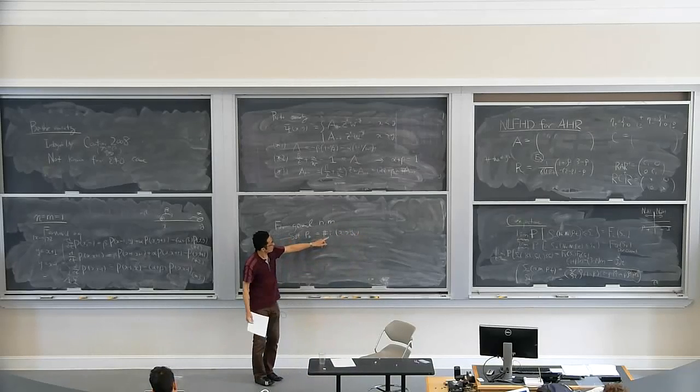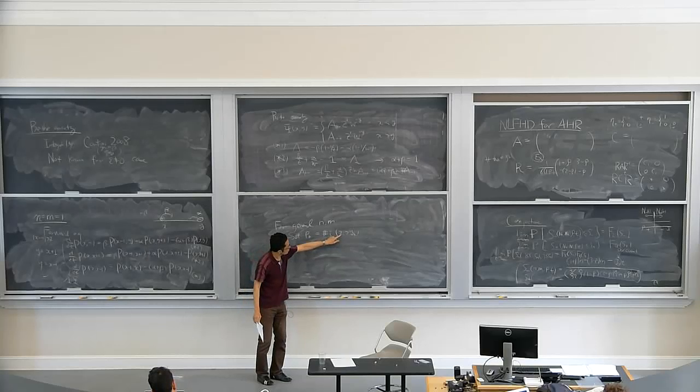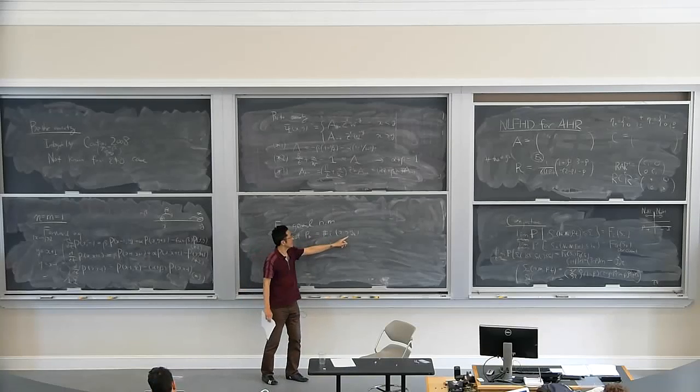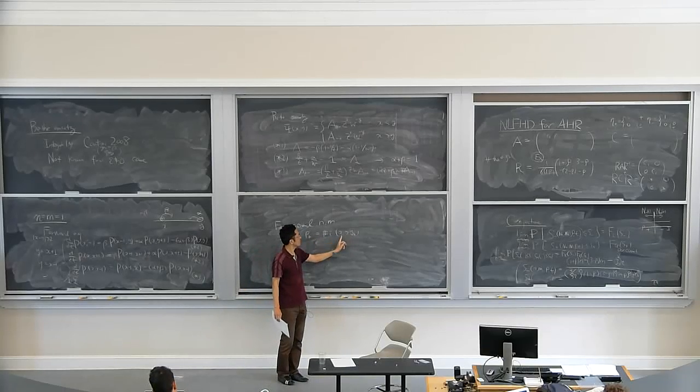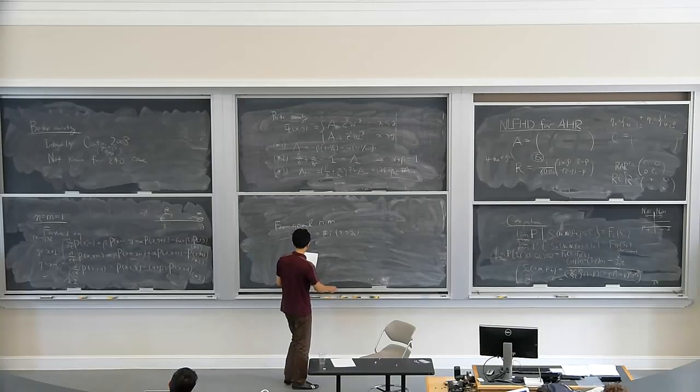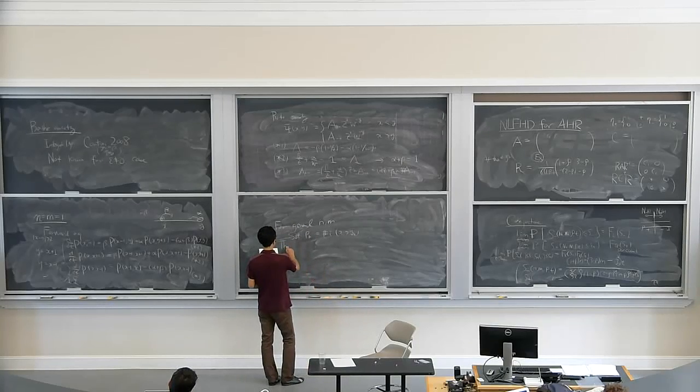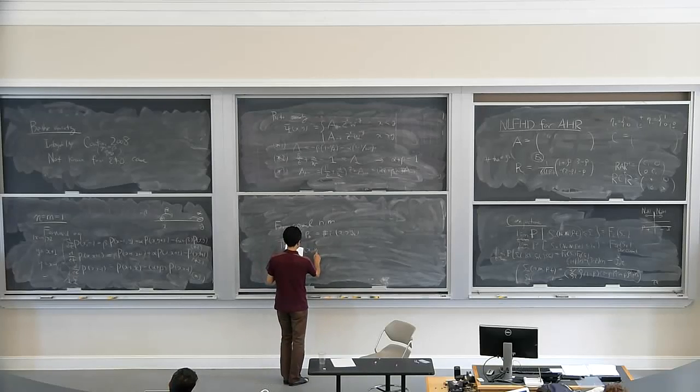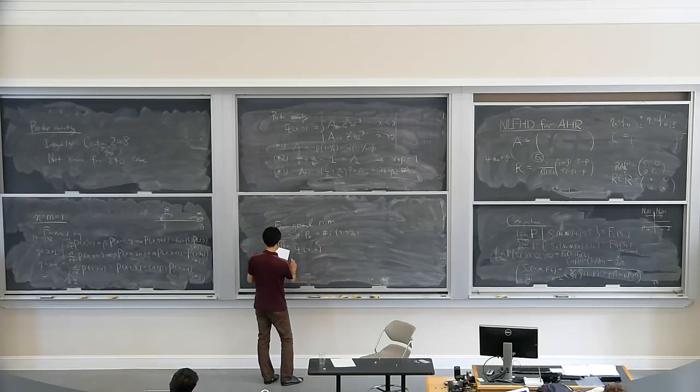This is the number of i's such that x_i is bigger than y_k, the k-th particle position. And then with this notation, one can write down the Bethe wave function in the following way.